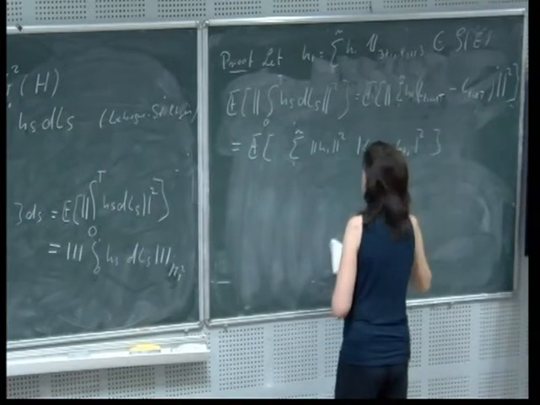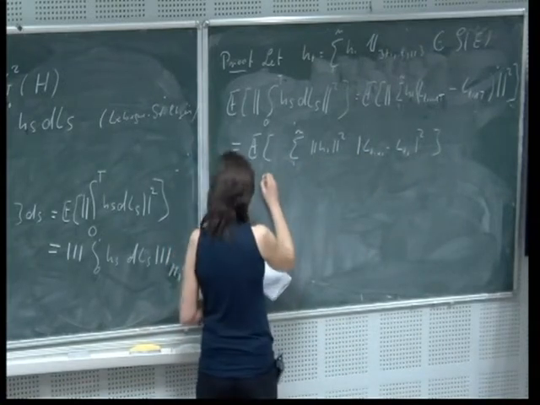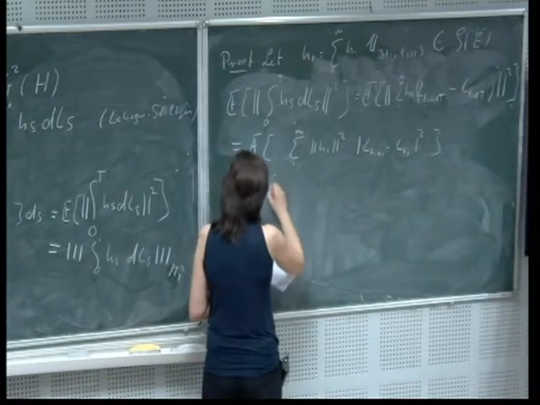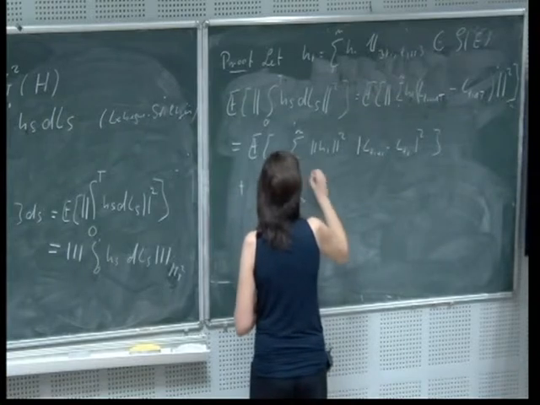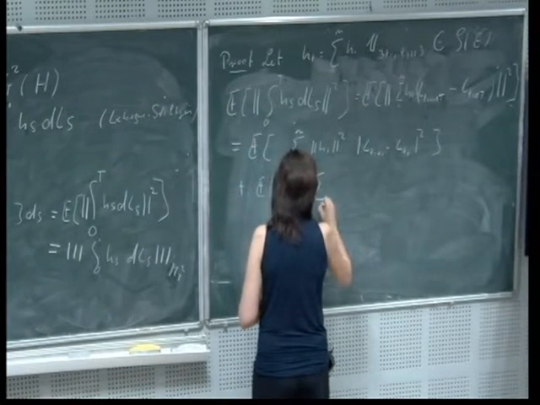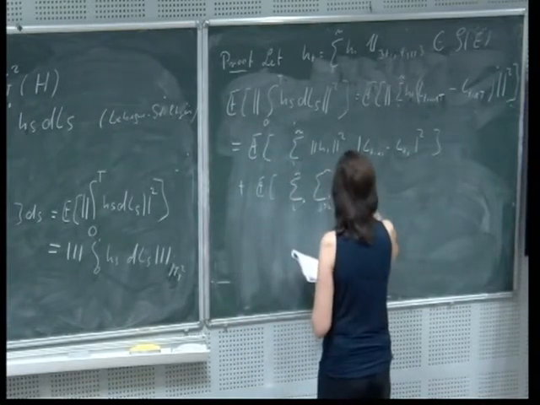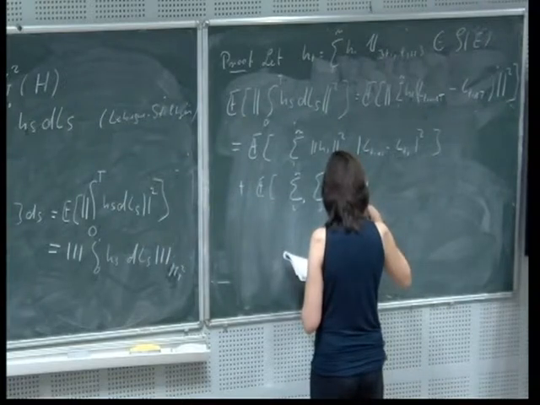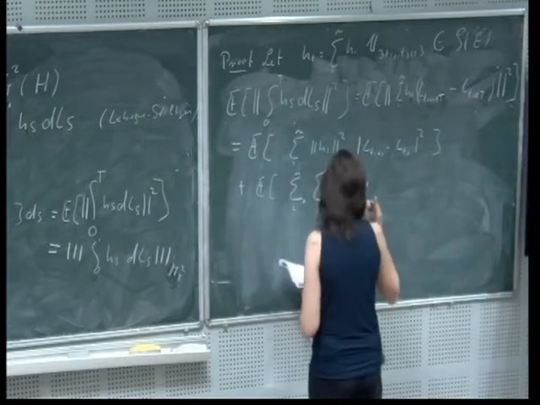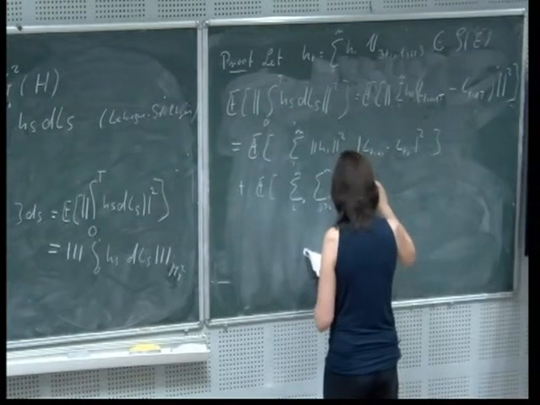So this is one term, but then I have the mixed term. The mixed term looks like this. It is the expectation of the sum over i from 1 to n, but then I have j bigger than i from 1 to n. And here I have a scalar product. Yes, I am working in Hilbert space. That's good. Okay, I have a scalar product.